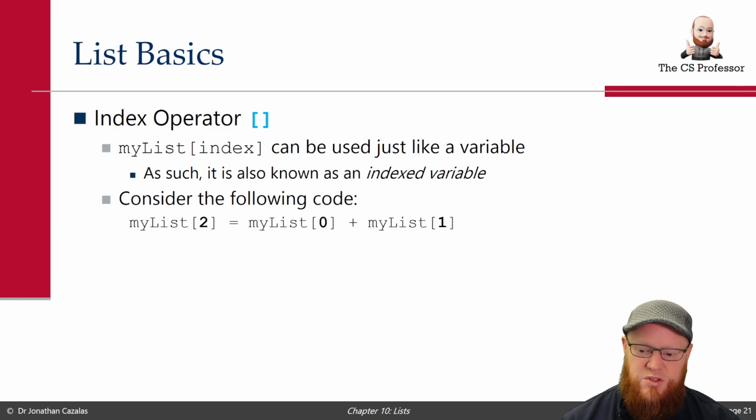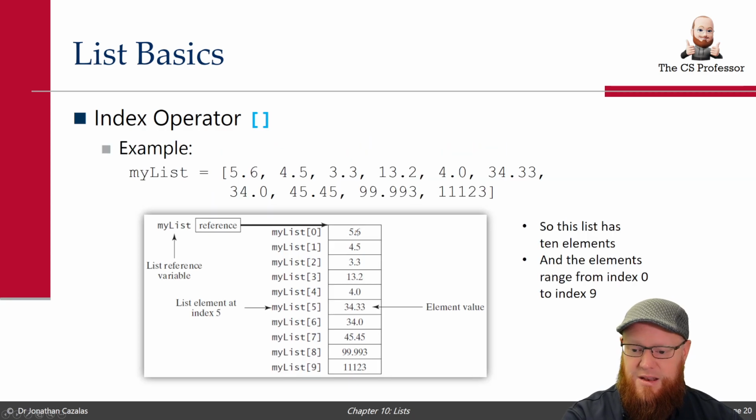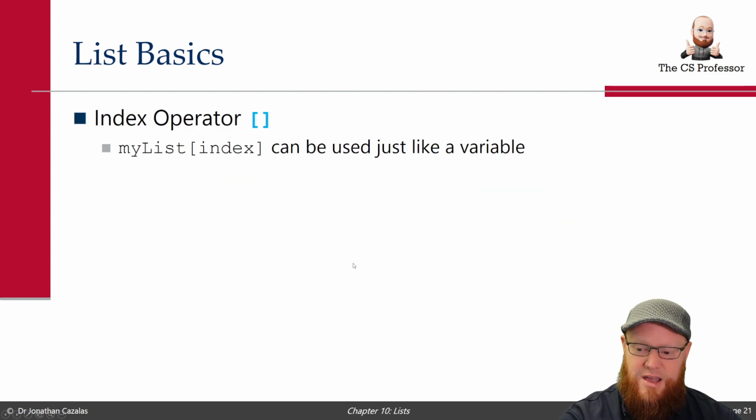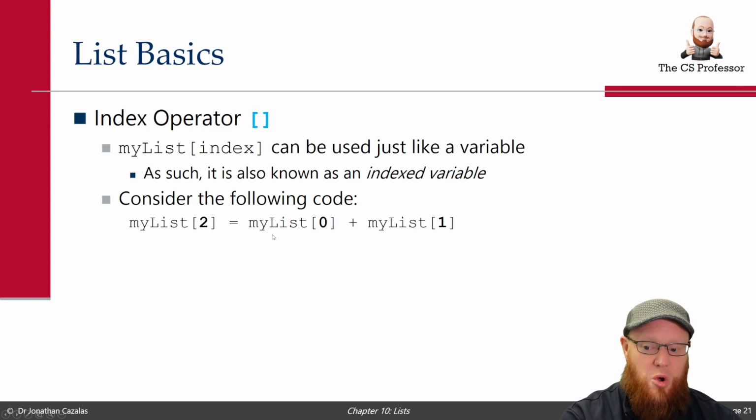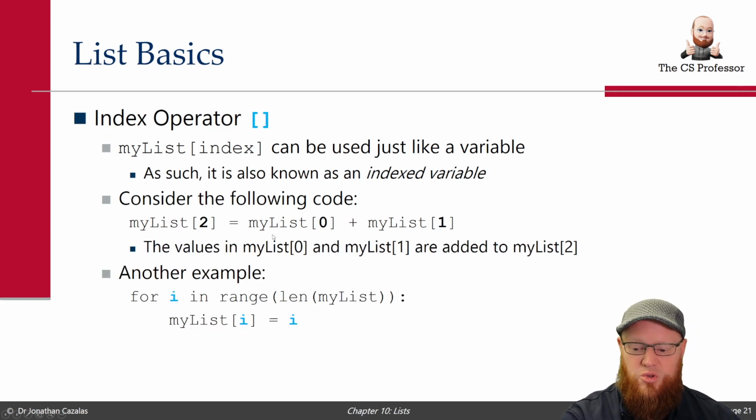We can then use those values. We can take the value at index 0 plus the value at index 1 and save it to index 2. We can take this 5.6 and the 4.5 and save it to index 2. It's possible, no problem. We can now do other examples.